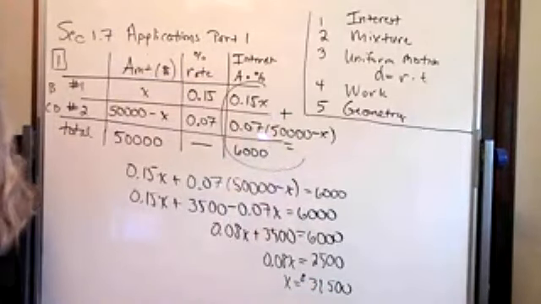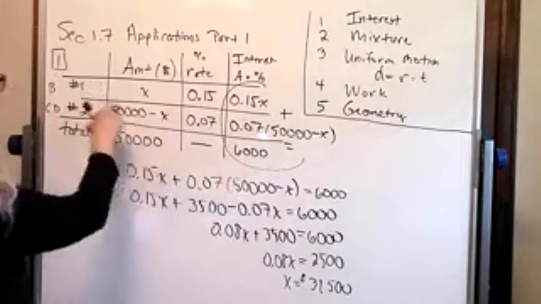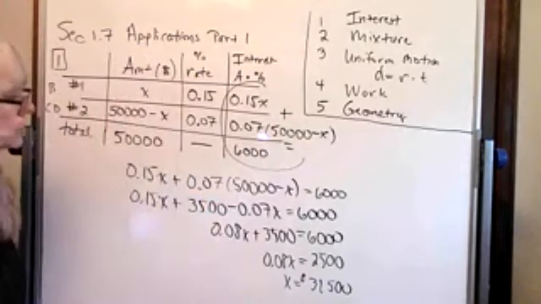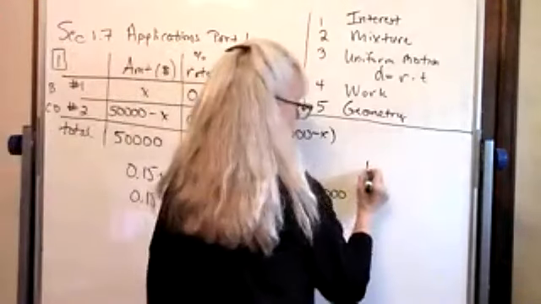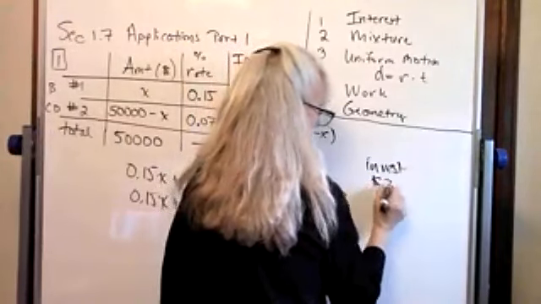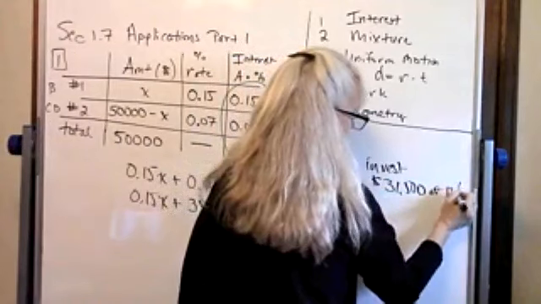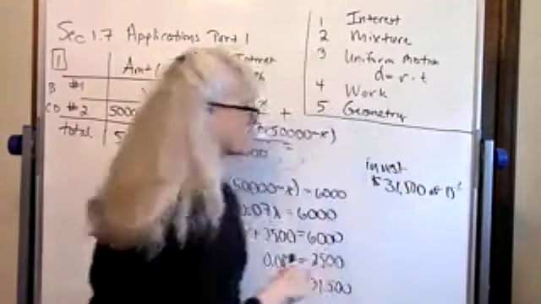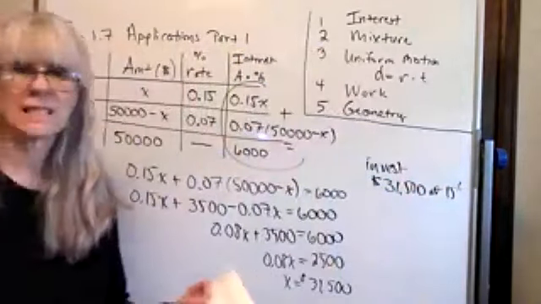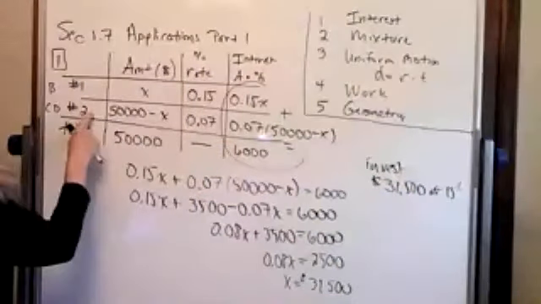So where are we in terms of it? Let's make sure we're answering the question. Well, X, according to the chart, was the amount that we're investing at the 15%. So as an answer, we're going to invest $31,500 at 15%. But it wants to know how much we're investing in each of those investments, so we need to know how much is going to get invested in the CDs.